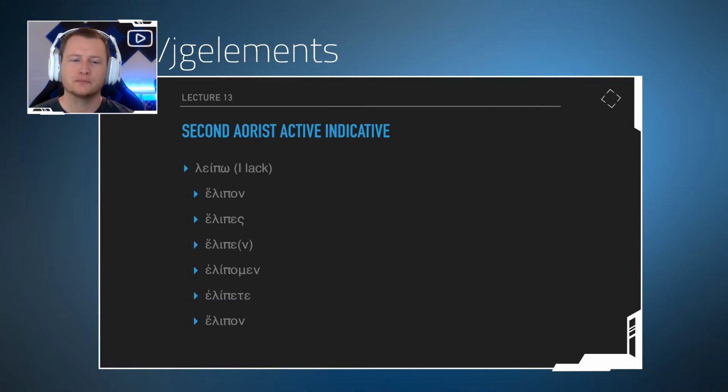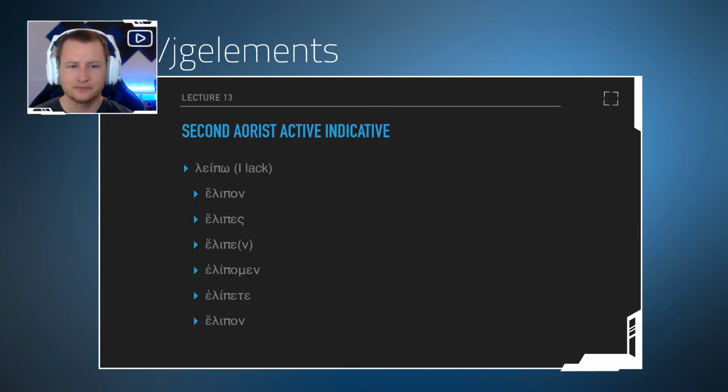Now, when you're parsing these, you don't need to say first aorist, second aorist. You just say aorist. The first and second are simply ways of identifying patterns for identifying the aorist. Okay, so if you're parsing this in the workbook, you would simply say elipon. That's first person singular, aorist, active indicative, from lipo, meaning I lacked.